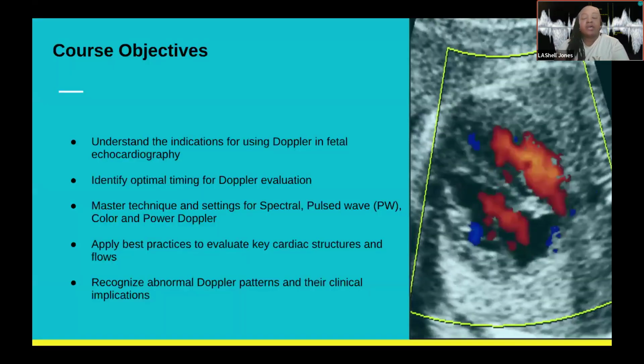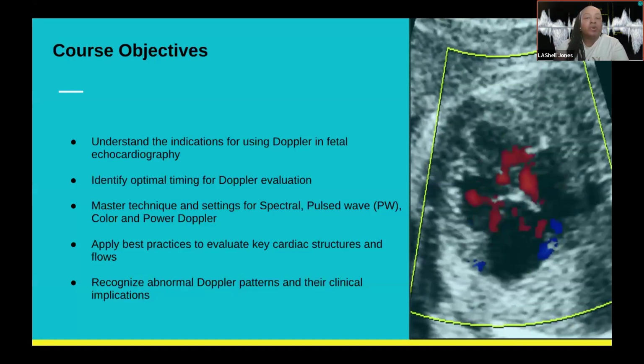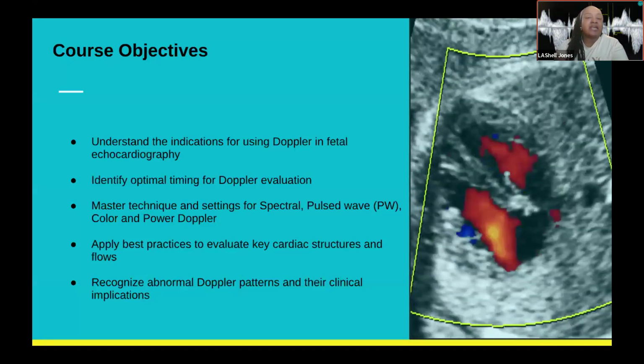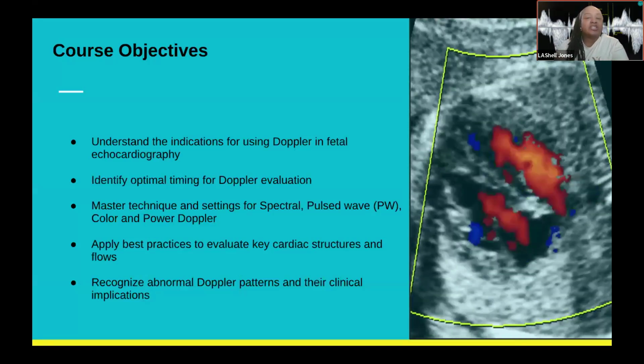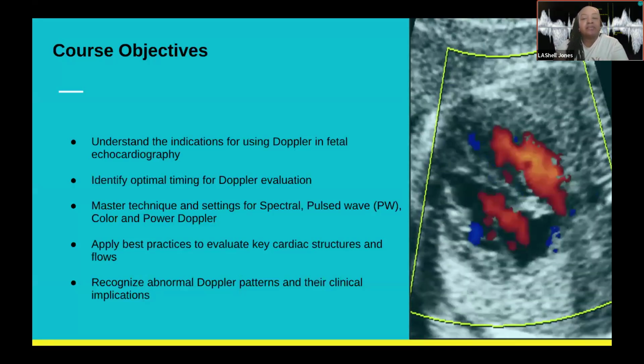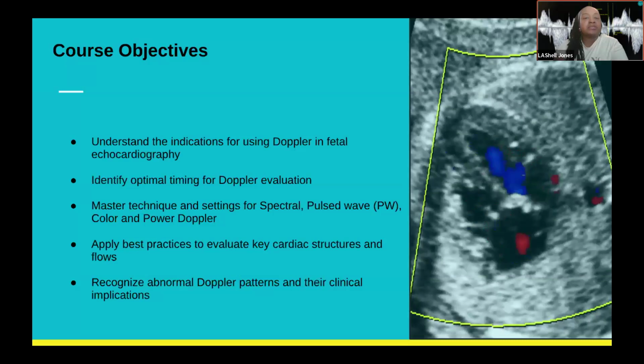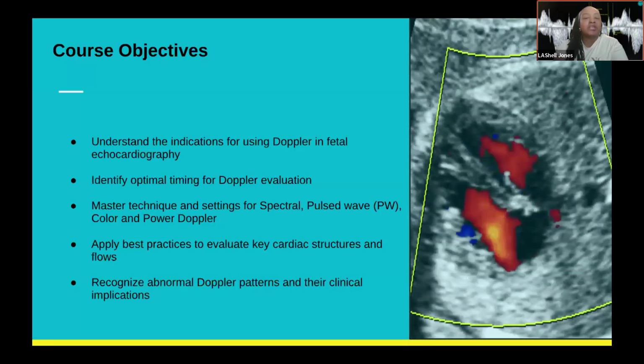Now, just a few of the objectives. By the end of this PowerPoint, you'll be able to understand some indications for why you would use Doppler in your fetal heart exams. And then you will be able to identify optimal timing for the Doppler evaluations.